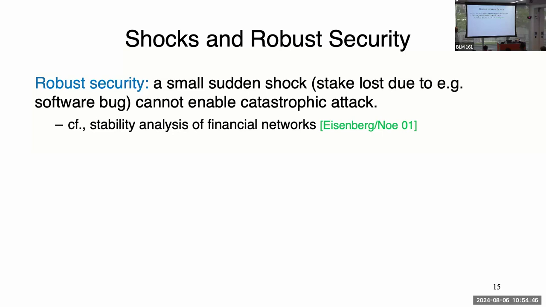Maybe there's some malicious service that winds up triggering slashing conditions for a small set of validators that are supporting it. Who knows, okay? The point is we'd like to poke our restaking networks and ask that they're not just secure, but they stay secure even after we give them a hard poke in the form of a small shock, okay? So the sudden loss of some of the stake, for whatever reason.